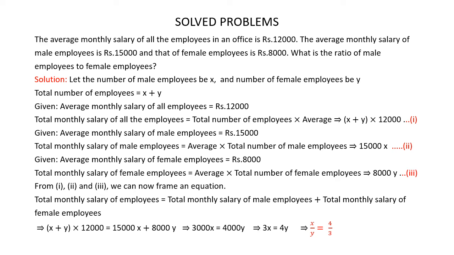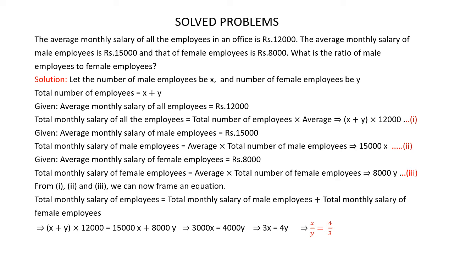Now we know that the total monthly salary of all the employees is (X plus Y) multiplied by 12,000. The total monthly salary of male employees is 15,000X. The total monthly salary of female employees is 8,000Y.